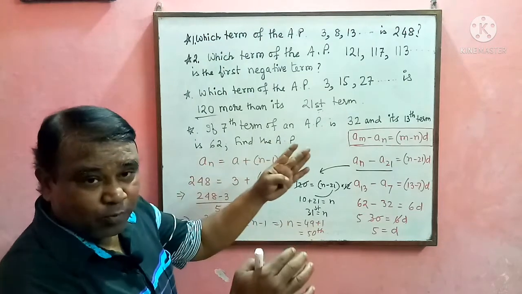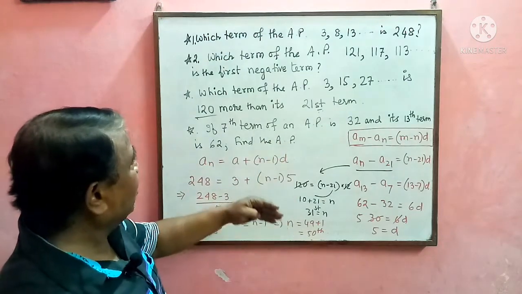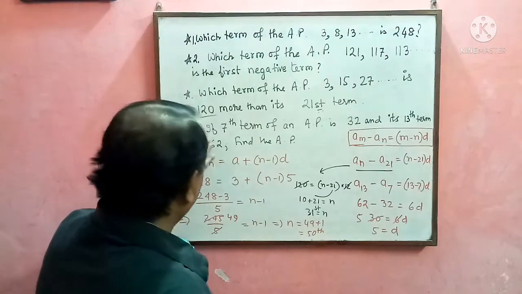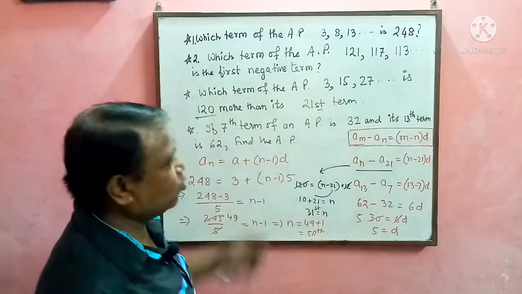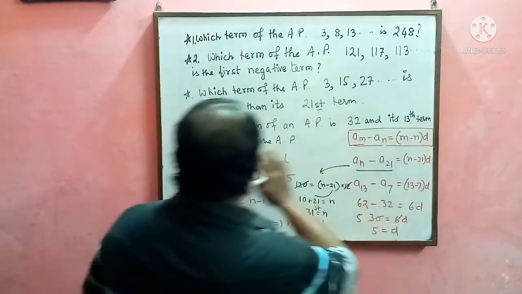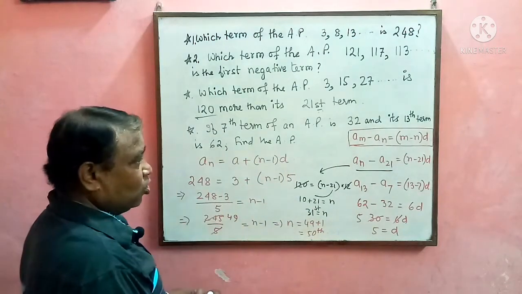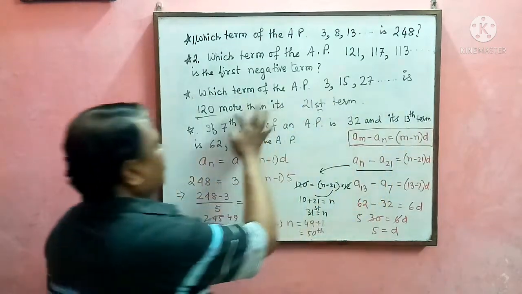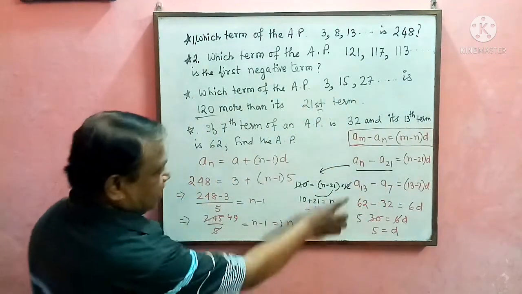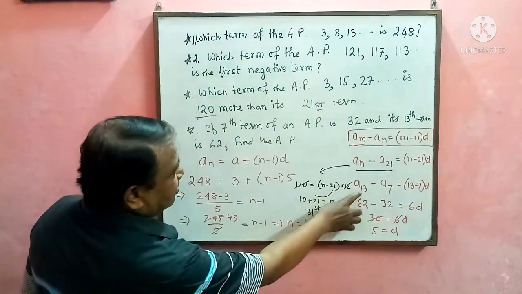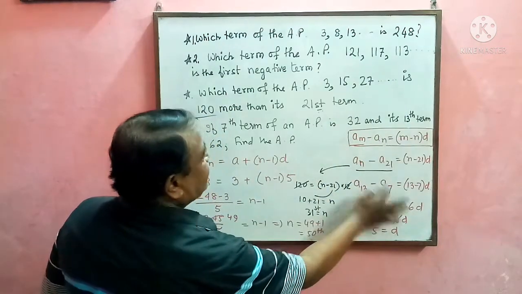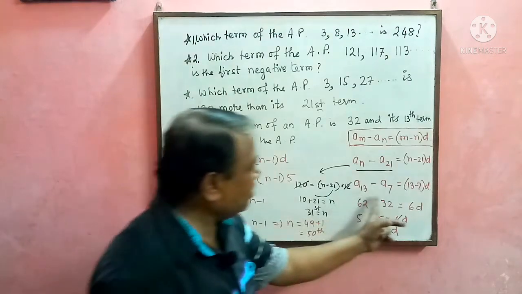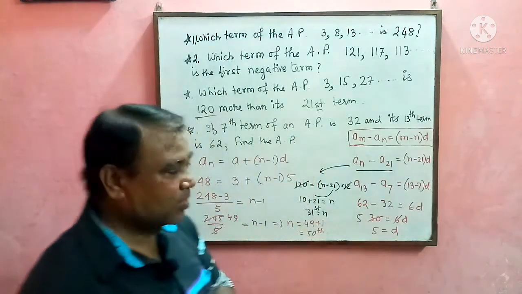This problem may be put in this way also, like two terms will be given. Here, see, the 7th term of an AP is 32 and its 13th term is 62. So whenever these two terms are given, you take the difference between the two terms and use this identity like this. a13 minus a7 is equal to (13 minus 7) into d.